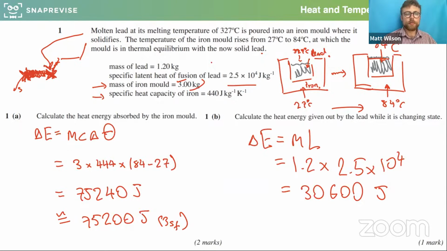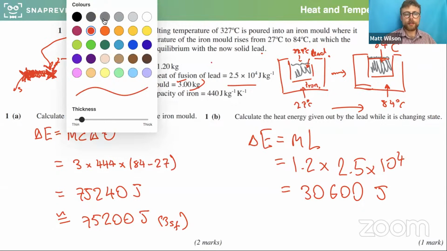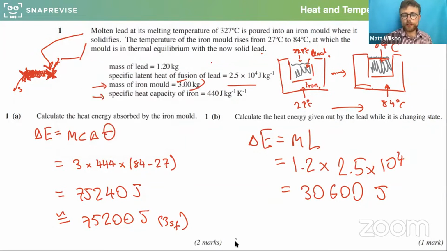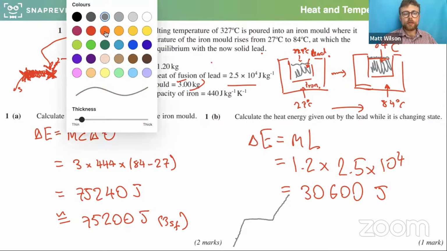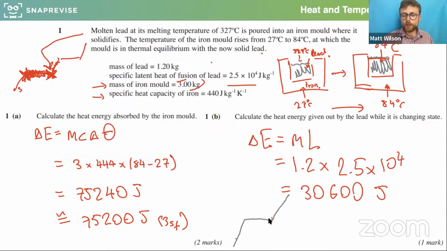Let's also draw in a different color. Let's draw our graph again. We know that to get to this point here, our lead gave away 30600 joules.